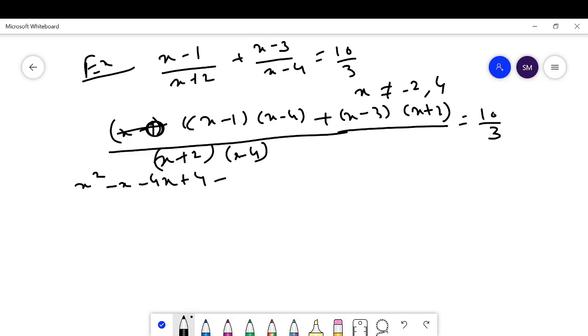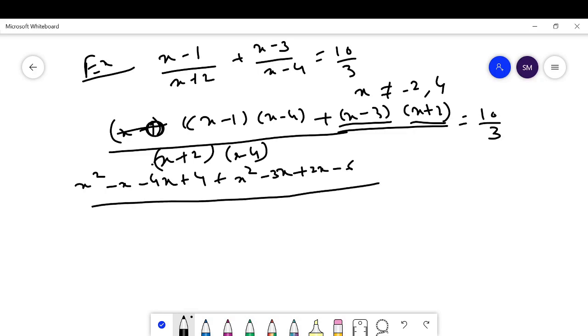Then multiply (x minus 3) into (x plus 2), you get x square minus 3x plus 2x minus 6, upon, you multiply (x plus 2) into (x minus 4), you get x square plus 2x minus 4x minus 8, which equals 10 by 3.